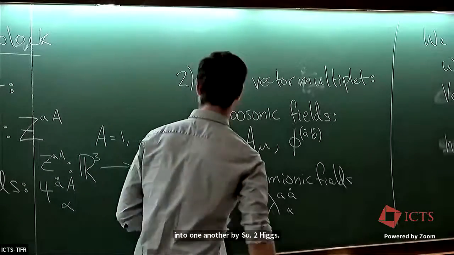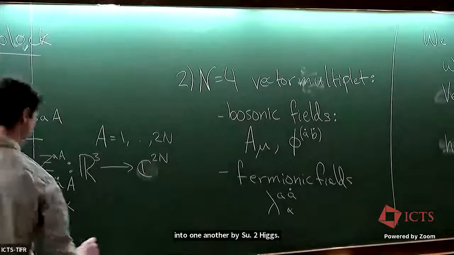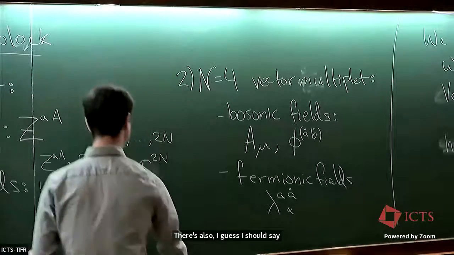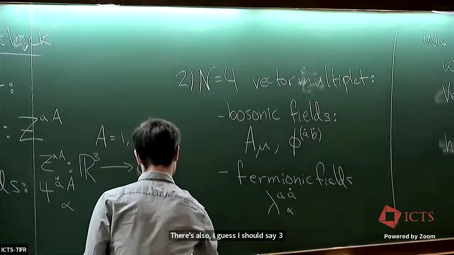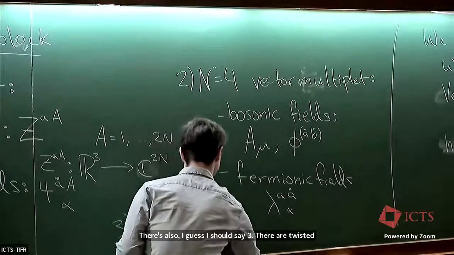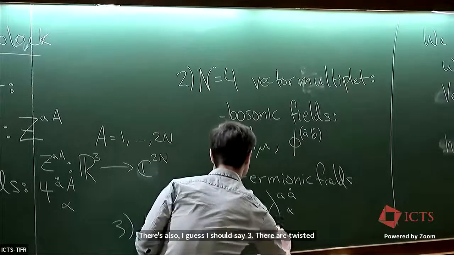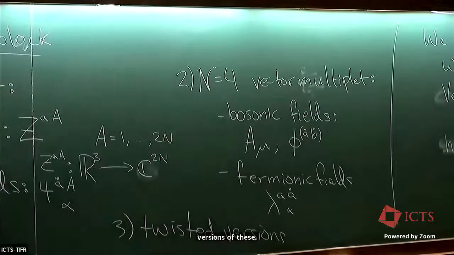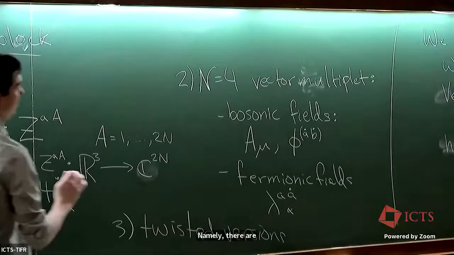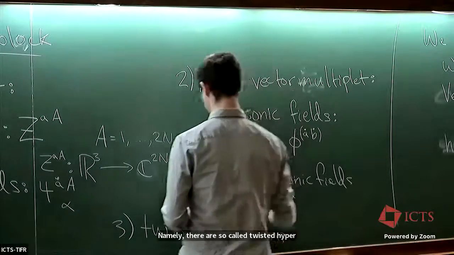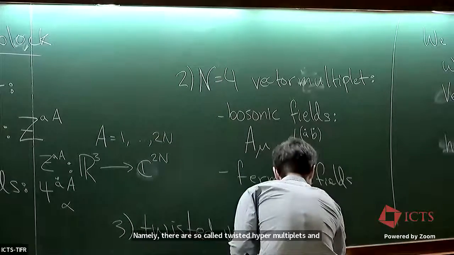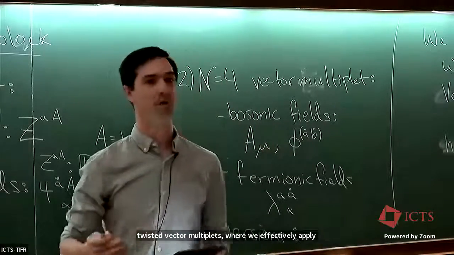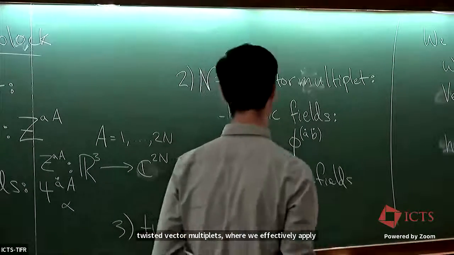There's also, I guess I should say, there are twisted versions of these. Namely, there are so-called twisted hypermultiplets and twisted vector multiplets, where we effectively apply that mirror automorphism I was talking about last time.